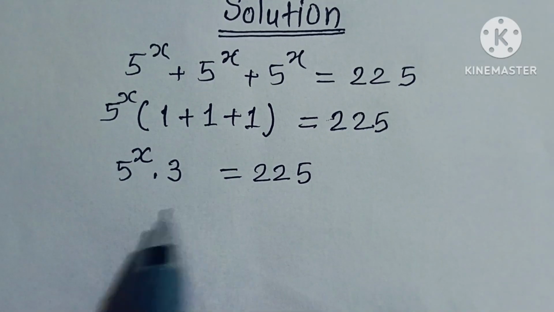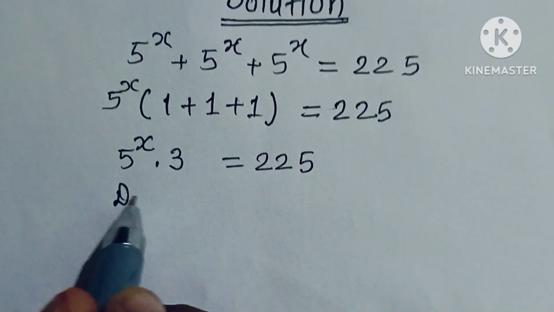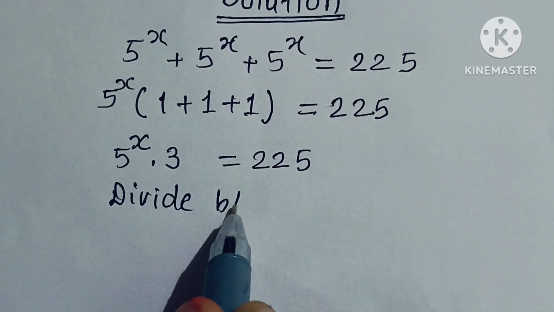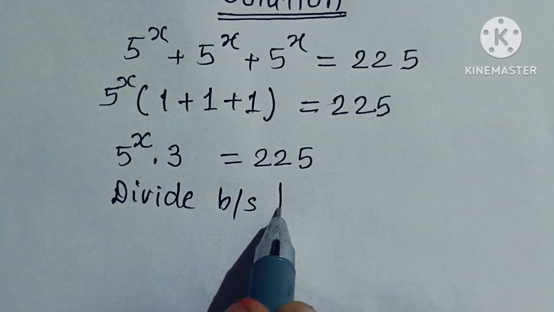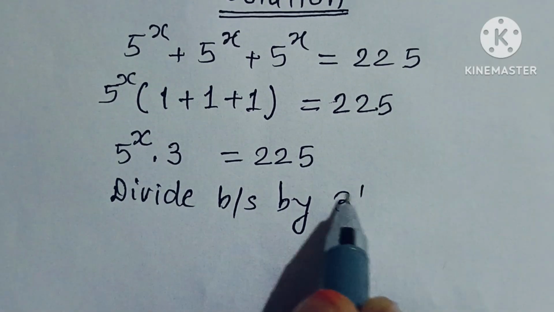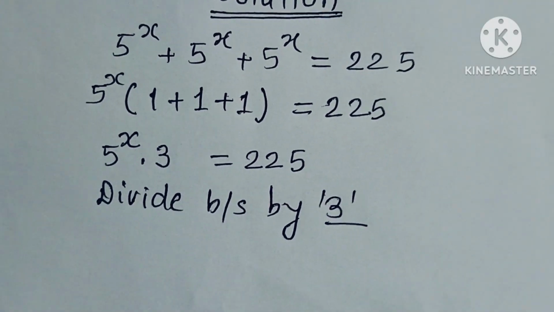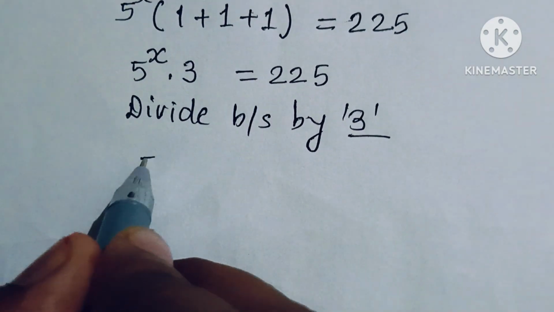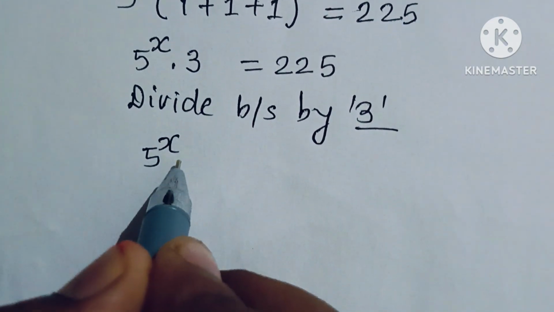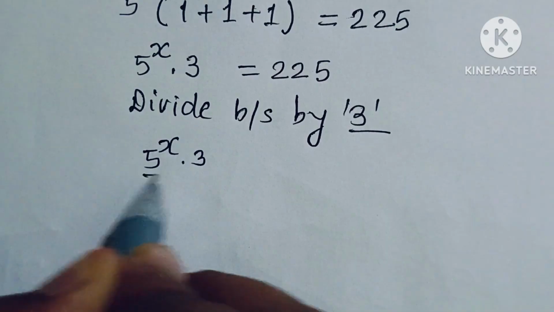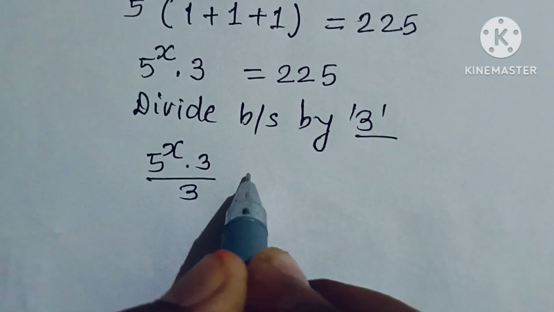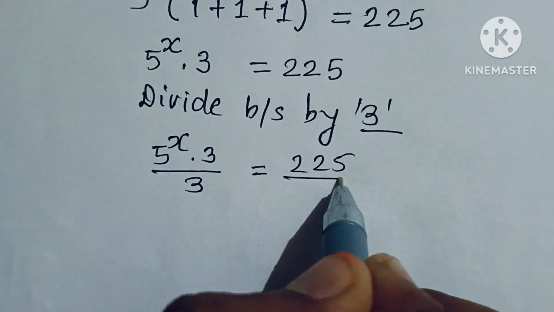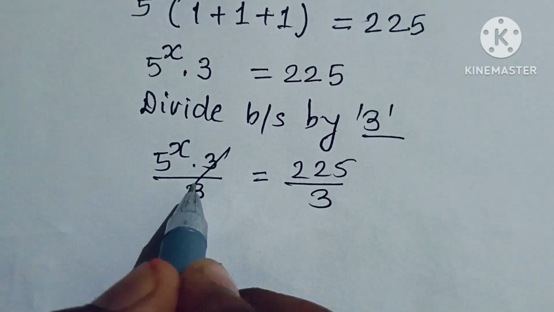Now divide both sides by 3. 5 raised to power x into 3 divided by 3, and 225 divided by 3. 3 will be cancelled.